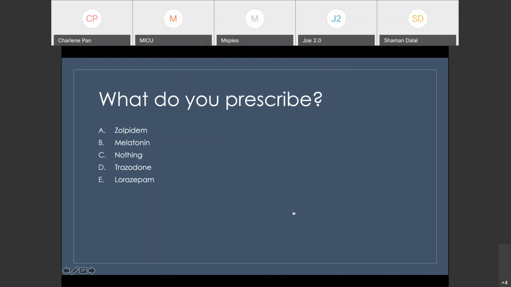And to be honest, a lot of them probably have some home medicine. A lot of people are on trazodone for sleep. As long as it's not contraindicated, you can just resume the home medicine. Otherwise, I think melatonin is pretty safe. Try not to use benzos, or you should never use benzos, especially in elderly patients.